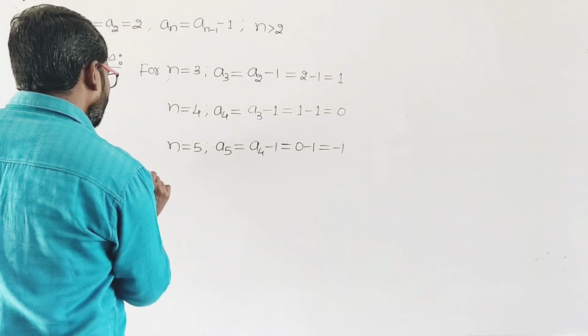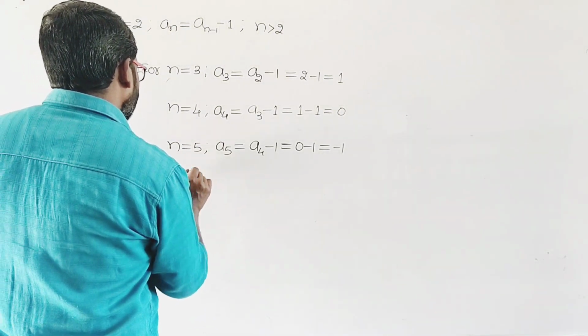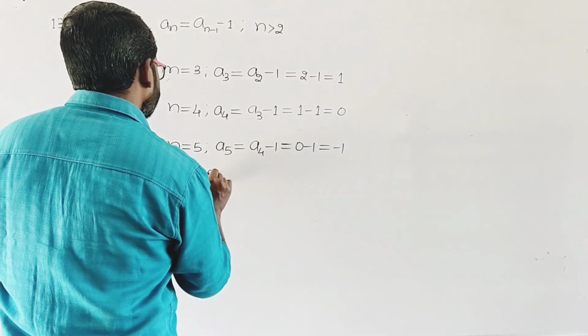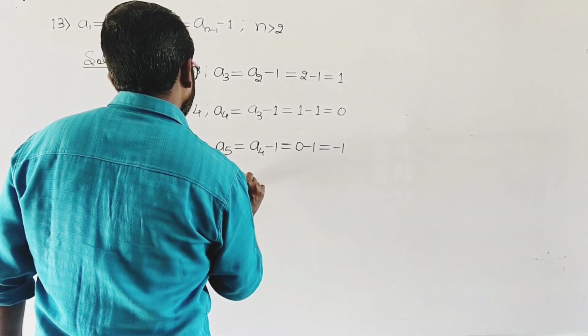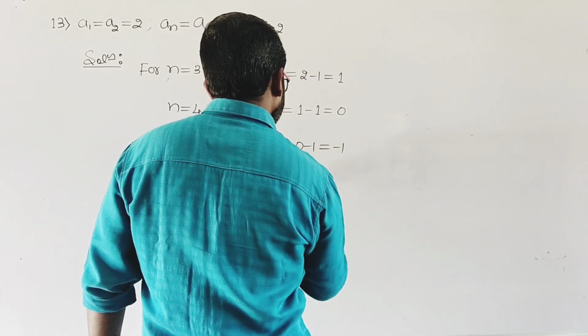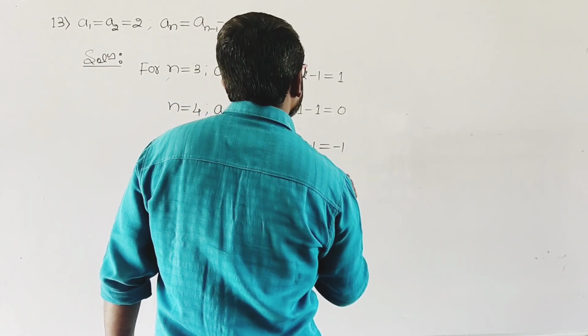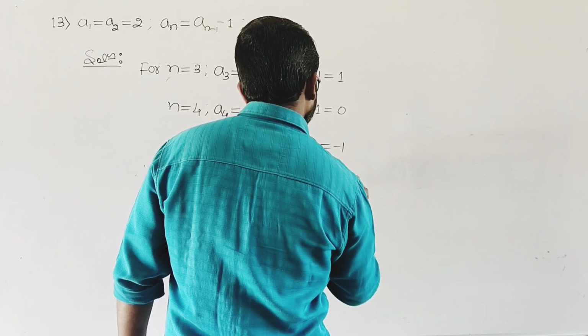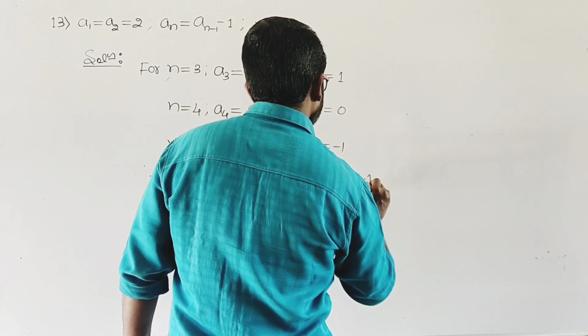Therefore the 5 terms are 2, comma 2, comma 1, comma 0, comma minus 1.